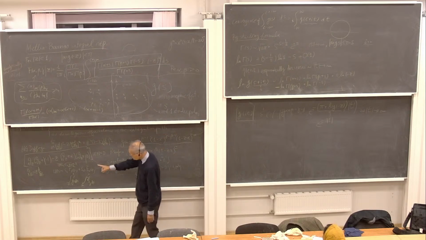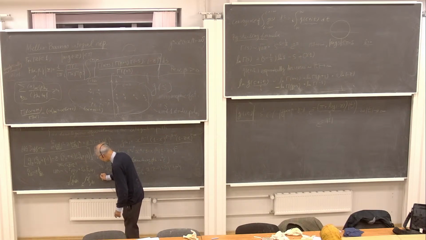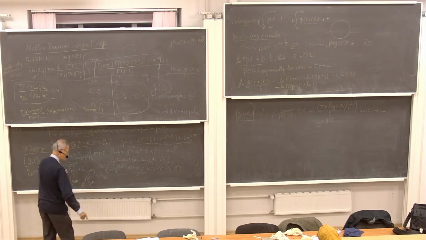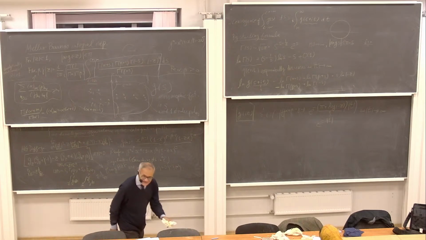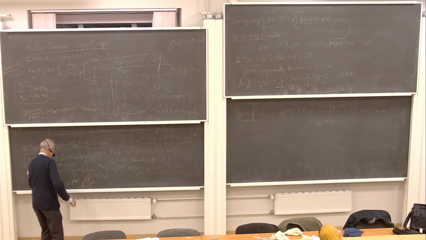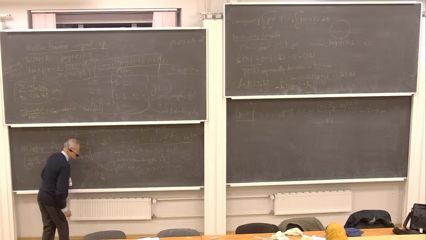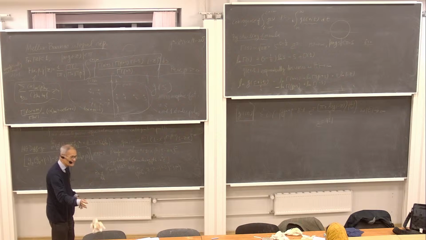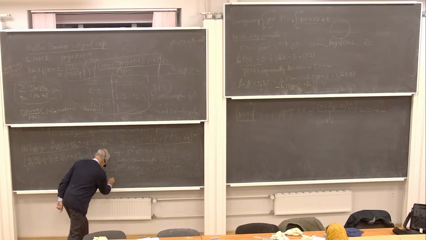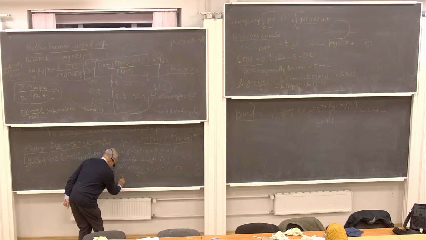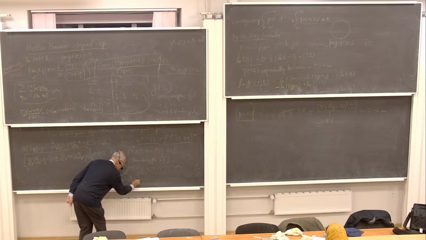And if you make a change of variables, z equals 1 over w, to see what happens at infinity. Z equals infinity, w equals 0. Then theta z will be minus theta w, that is, z dz becomes minus w dw.